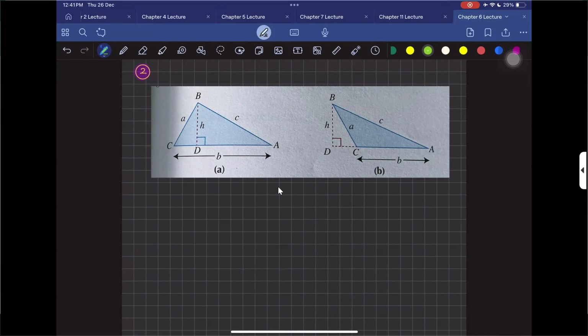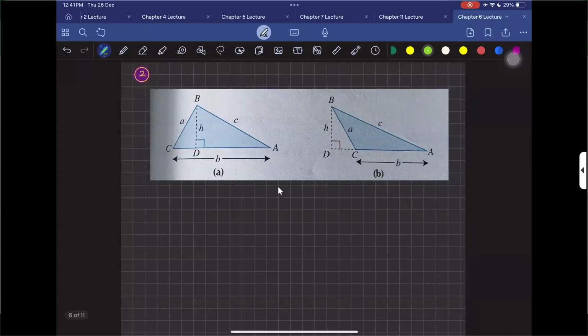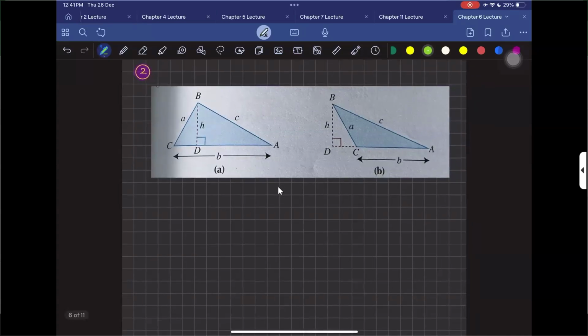Okay, so now we are going to move on to the next learning objective, which is finding the area of a triangle using the Trigo formula. Before we carry on, conventionally, how would you solve this problem?